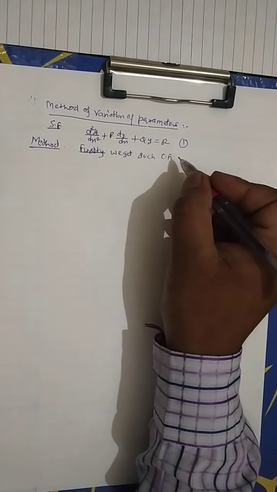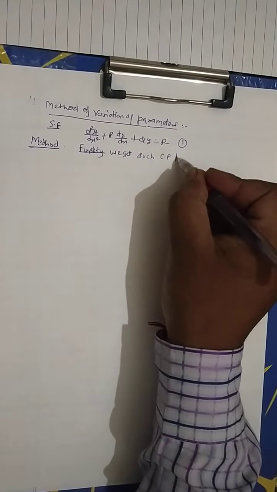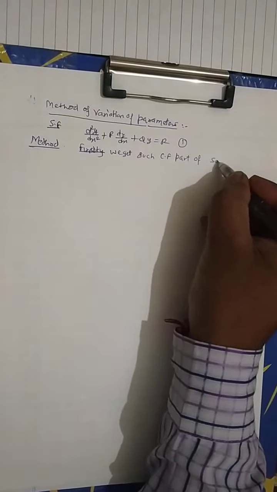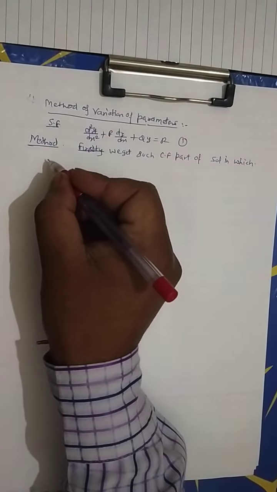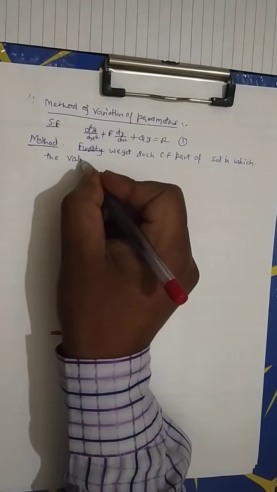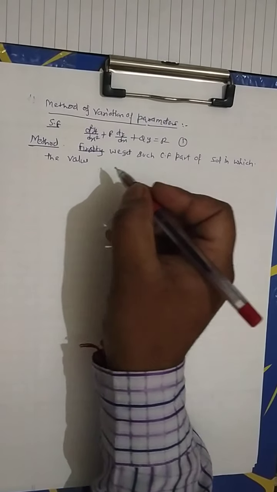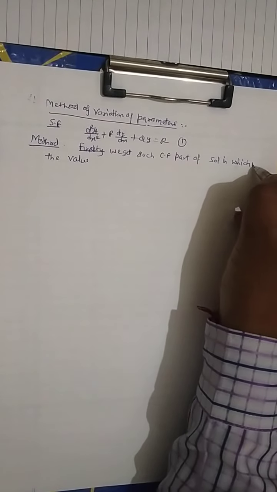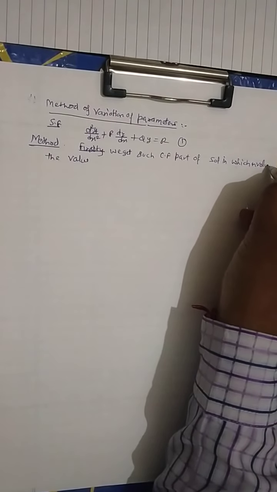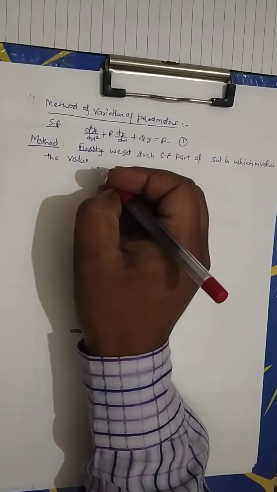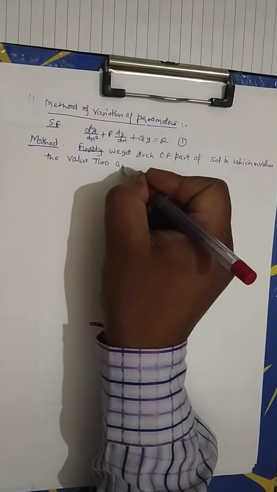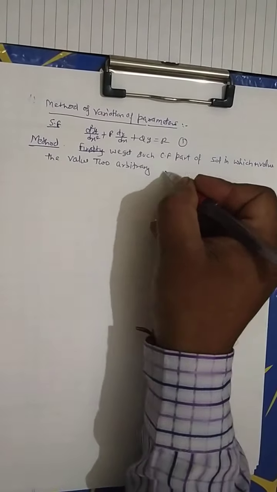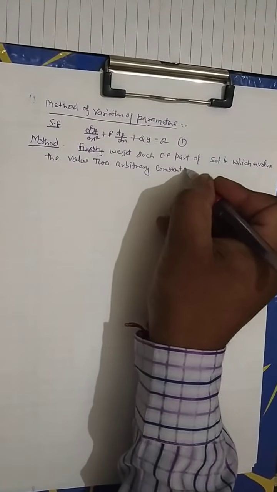CF means the complementary part of the solution, in which two arbitrary constants are involved.